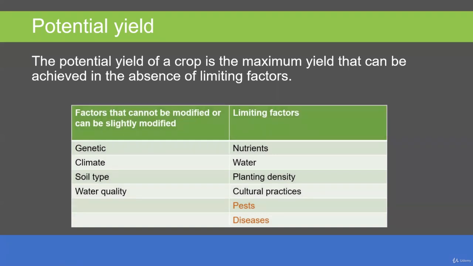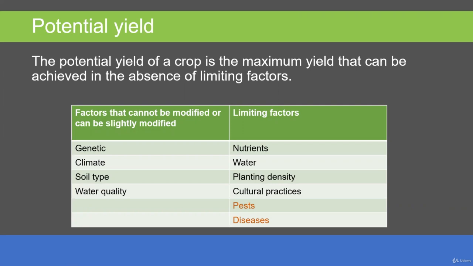We have some factors that cannot be modified or can be slightly modified, like the genetics, which means the variety of the crop. The variety of the crop determines the potential yield. Okay, so different varieties, different genetics have different potential yields. The climate also affects the yield, not the potential yield, sorry, right?